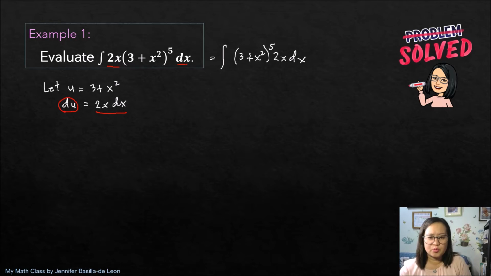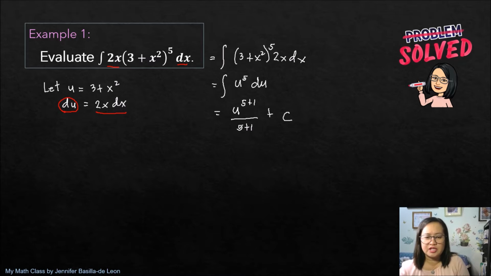If we rewrite this expression in terms of u, we will have the integral of u raised to the fifth power du. Now applying the basic integration formula, we have u raised to 5 plus 1 over 5 plus 1 plus c.